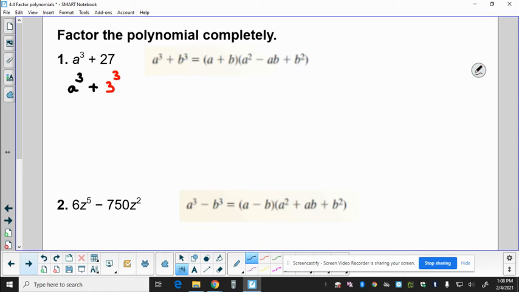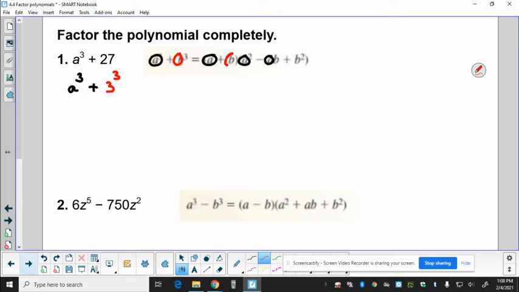So what we see here is that this formula, as I've got it written over here, will work for this situation. I mean, we see the A's right here, right? And then the B's would be like this, 27 turned into a 3.